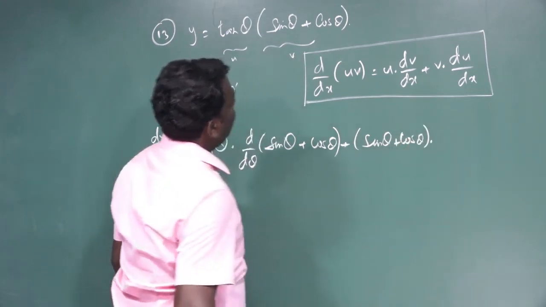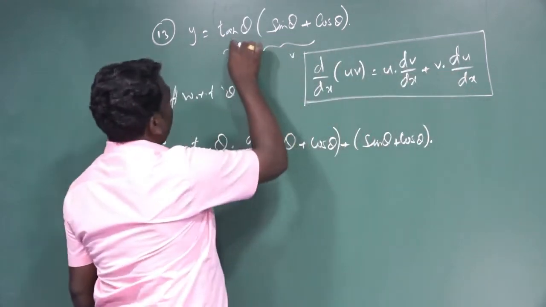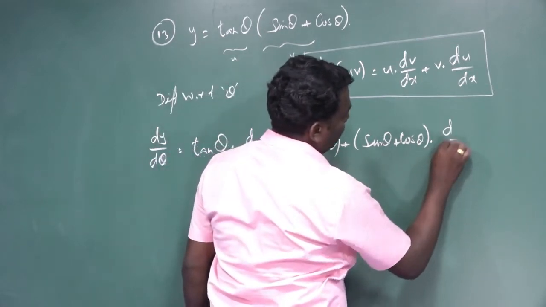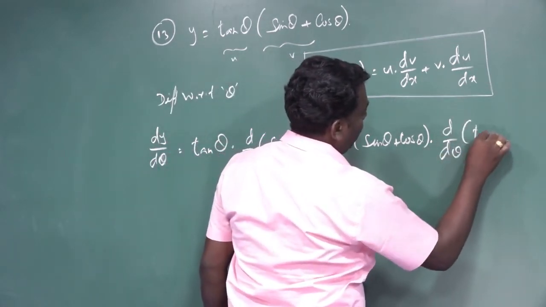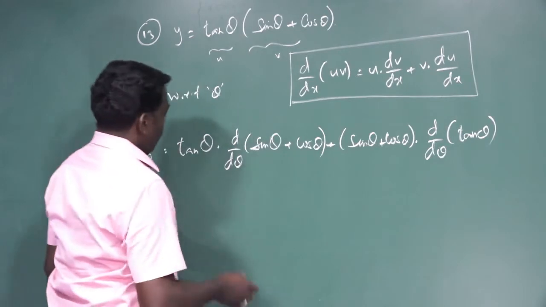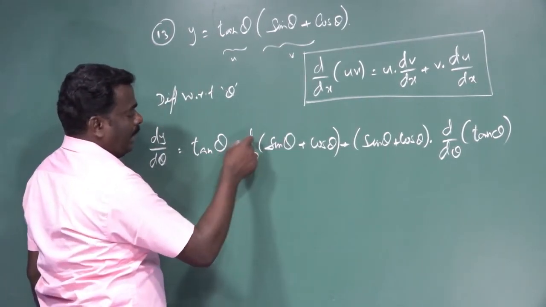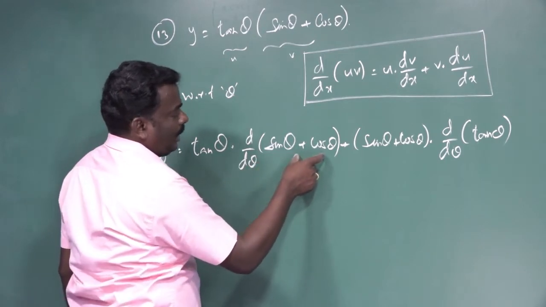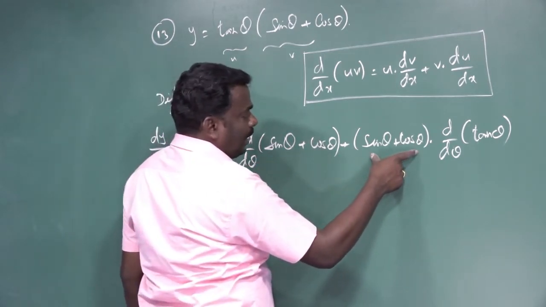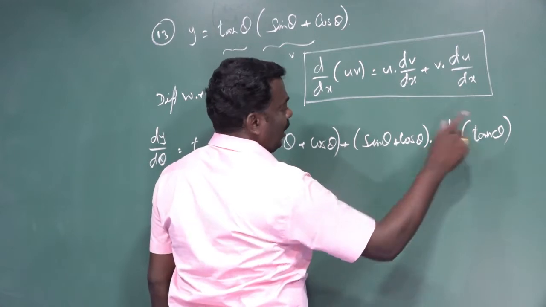v is called sin theta plus cos theta, keep as it is, times the differentiation of u, that is d/dθ of tan theta. Keep the u term, tan theta, as it is, differentiate the v term, sin theta plus cos theta. Then keep the v term as it is, and differentiate the u term, tan theta.